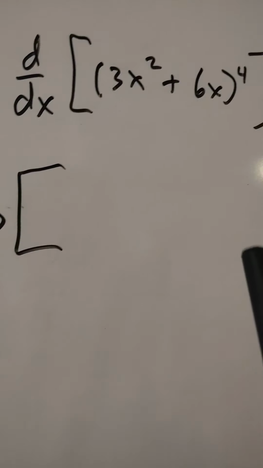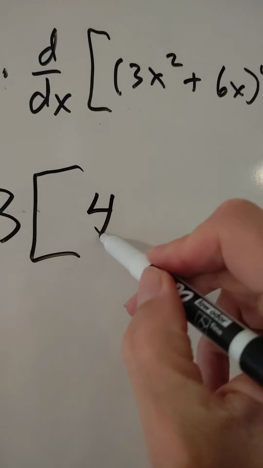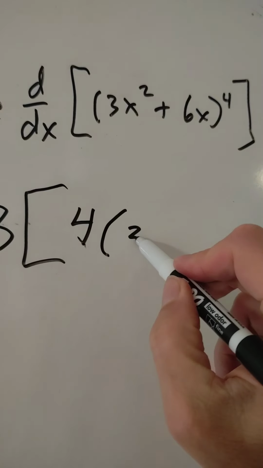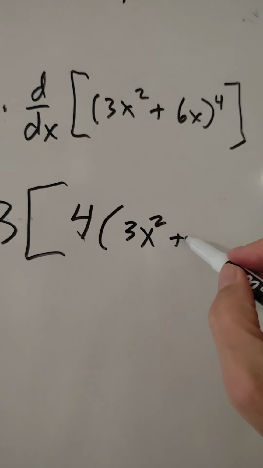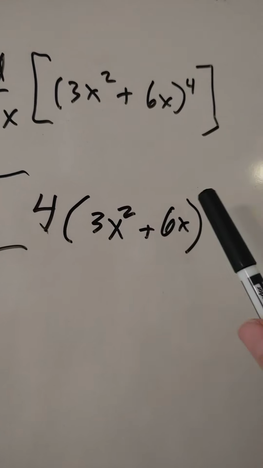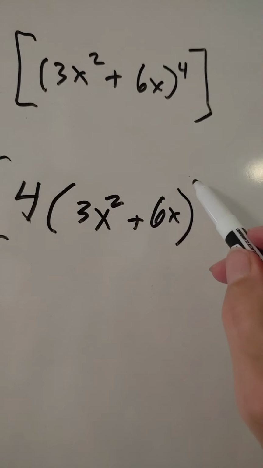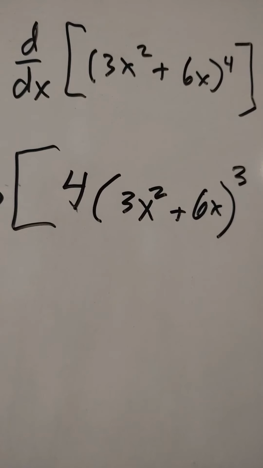So the first step is to bring down this 4 out front, kind of like the power rule. So it's going to be 4 times, keep the inside exactly as you see it, 3x squared plus 6x. And then what's going to happen to this exponent that was a 4? By the power rule, as you know, it gets decreased by 1. So that's the beginning part.